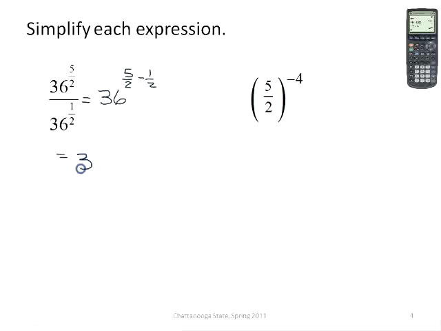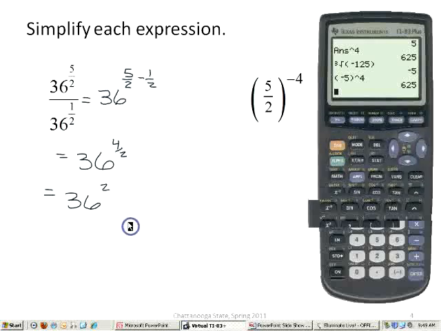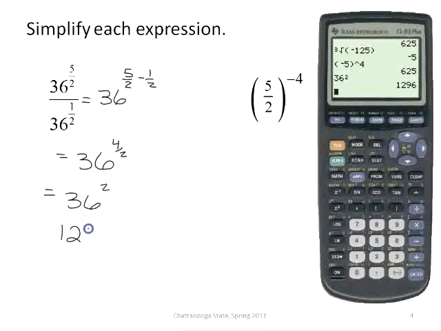So 5/2 minus 1/2 is 4/2, and 4/2 is 2. So here we have 36 squared. Now if that's a very large exponent, I would probably just want to leave it as 36 squared. But 36 squared, I can certainly calculate to get that this is 1,296.